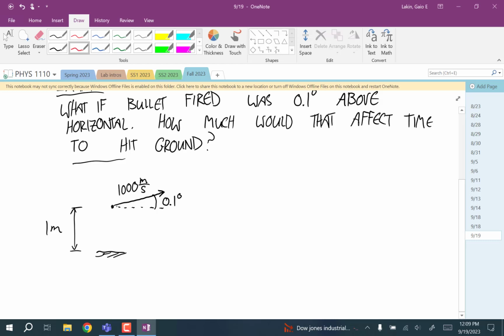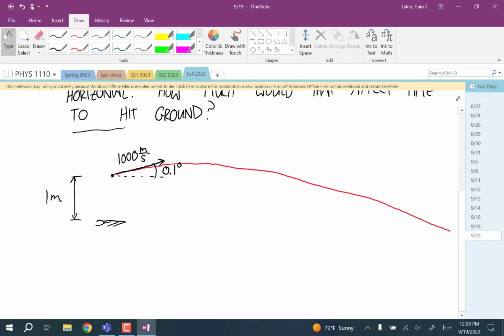And so the path is going to be a parabola that starts out with that line tangent to it and follows this path. If it was totally horizontal, the fall time would be 0.455 seconds to hit the ground.